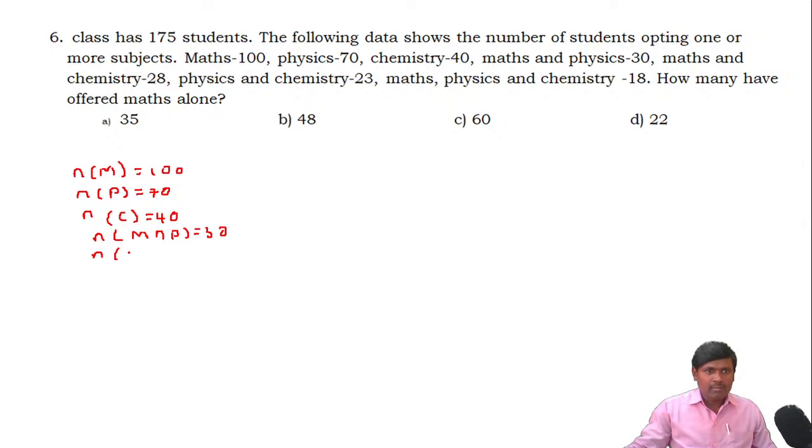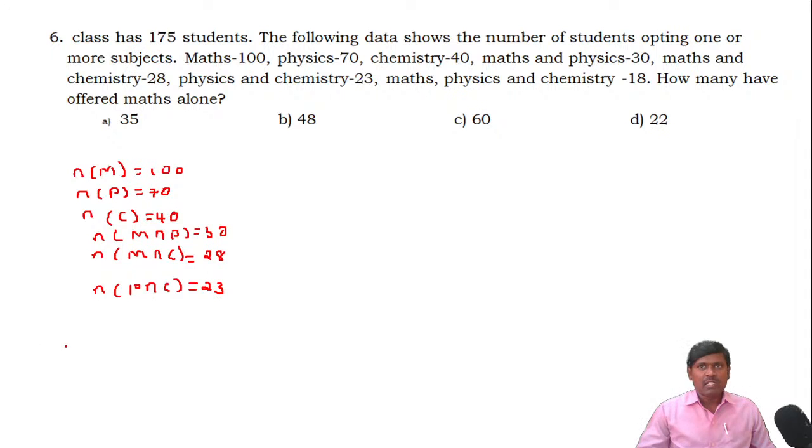Maths and chemistry, n of M intersection C, is 28. Physics and chemistry, n of P intersection C, is 23. And one more data: the number of students opting maths, physics and chemistry, n of M intersection P intersection C, is 18.